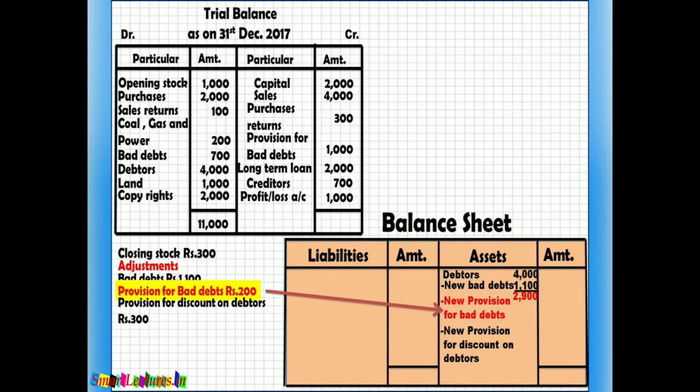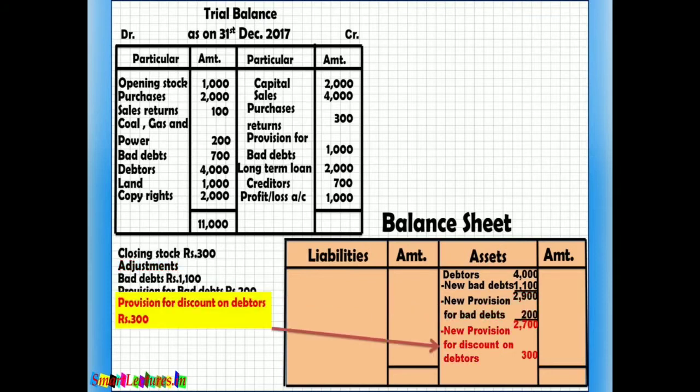New provision for doubtful debts means the provision taken from the adjustments, and they are 200. So 2900 minus 200 and the balance is 2700. Then new provision for discount on debtors, and that is 300. New provision for discount on debtors means taken from the adjustments.